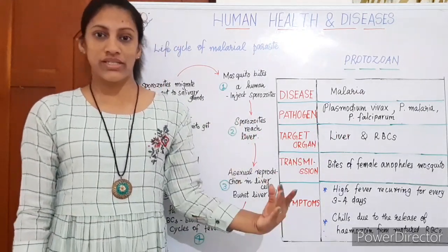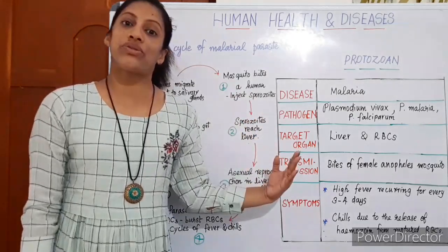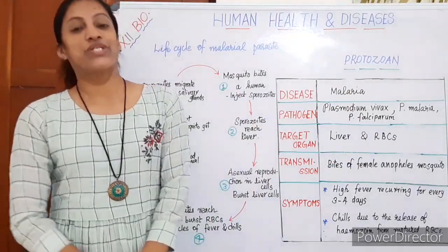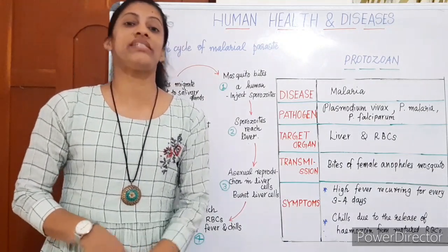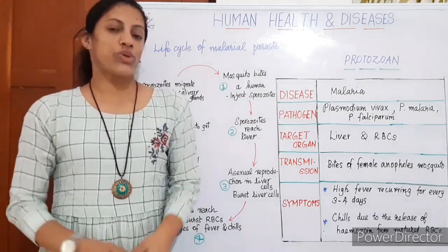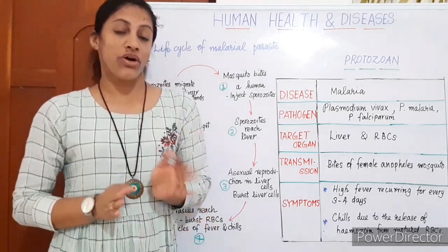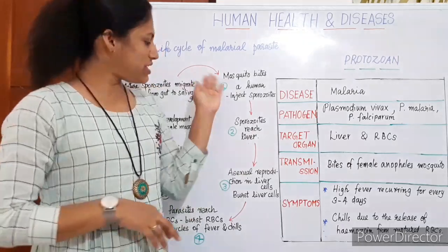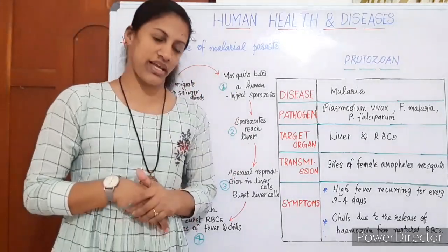It attacks liver cells, then it enters the blood and attacks RBCs. So liver cells and RBCs are the target cells of the parasite. It inhabits and destroys liver cells and RBCs. We will discuss the life cycle of malaria in detail.